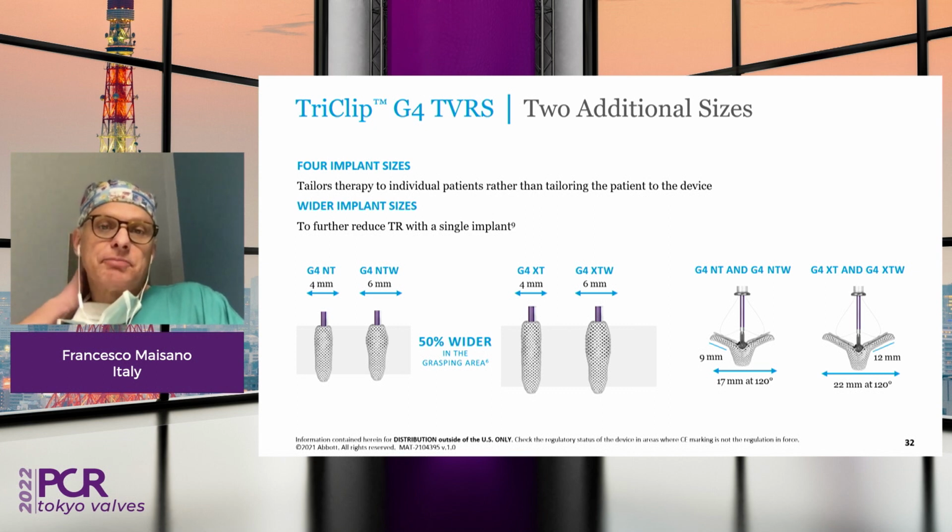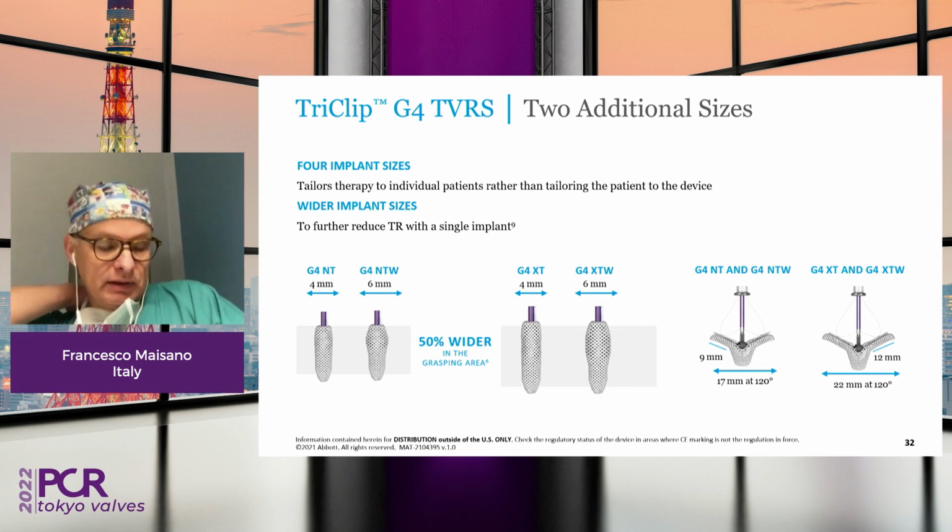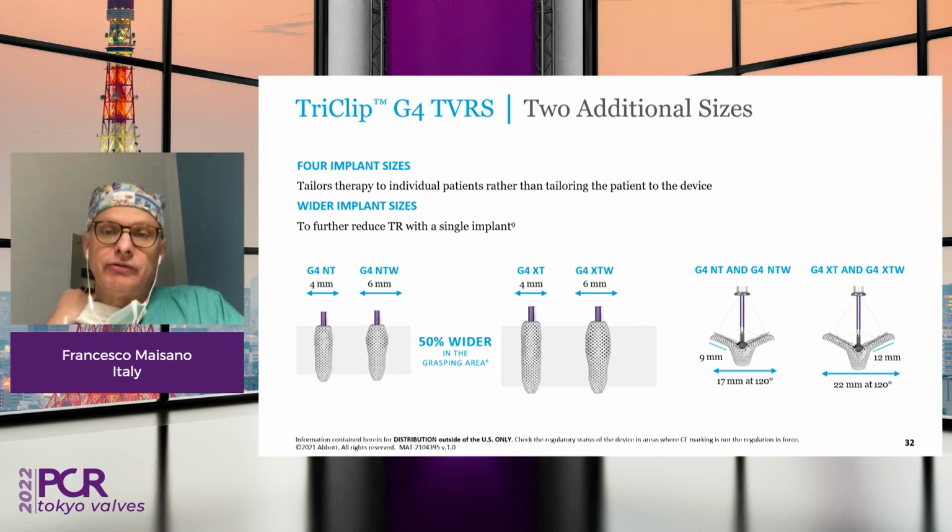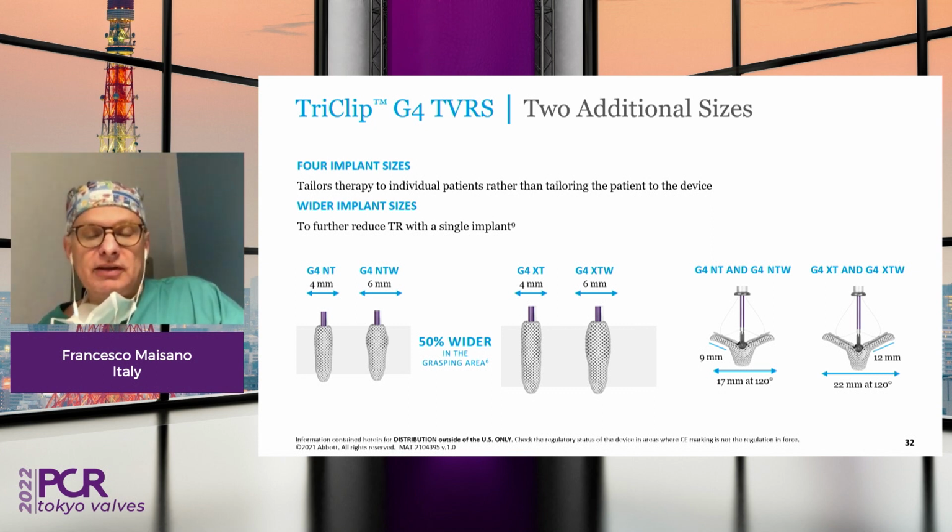The other point about the TriClip G4 is that you have a wide variety of clip sizes. But to be honest, in the tricuspid space, we almost invariably use the XTW configuration because, first of all, most of these patients have a coaptation gap, so you need longer clip arms.